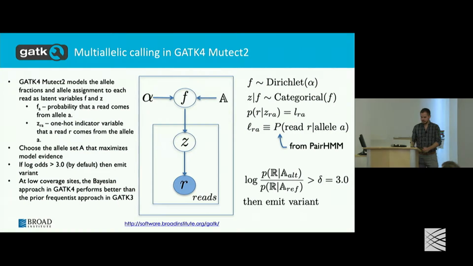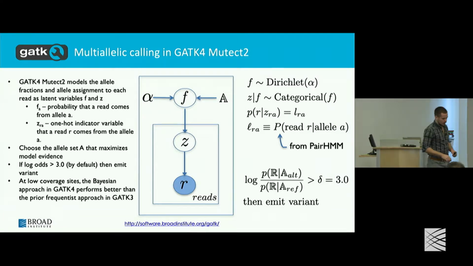So this is one example of such positive changes that we have in Mutect2. This is basically trying to do the same things as the last slide described, but in a more rigorous way, where we have a nice Bayesian model for modeling which alleles the reads came from, where R is our observed reads, Z is a latent variable that says which allele this read came from, and F is a random variable for allele fraction.